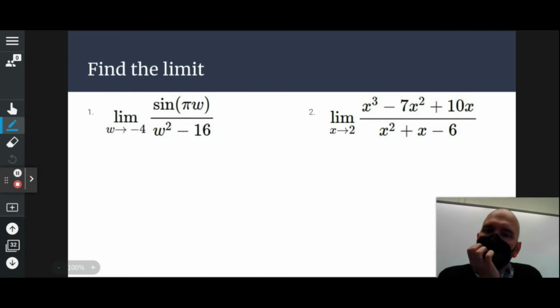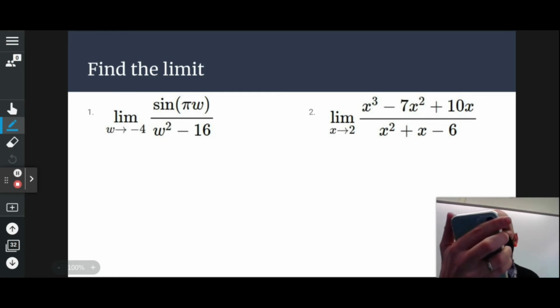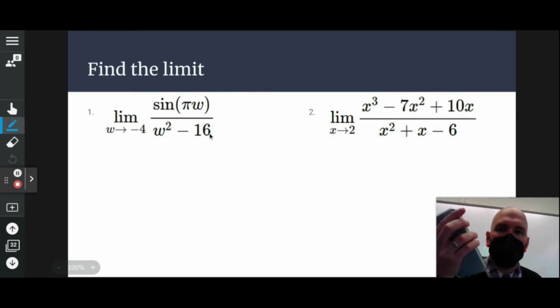So I have sine of pi w over w squared minus 16. Let's just double check. Sine of negative 4 pi.